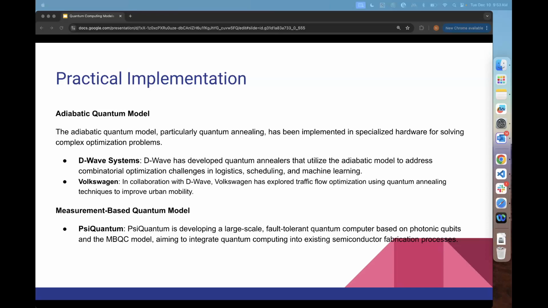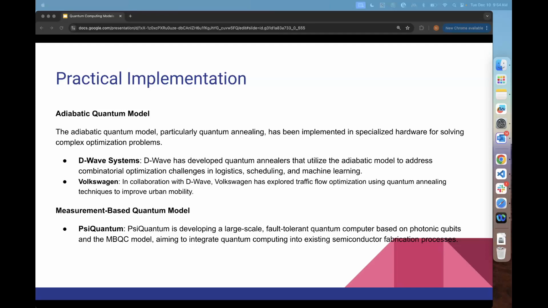And measurement-based quantum computing is mostly theoretical. There is one company called PsiQuantum, which is developing a large-scale fault-tolerant quantum computer based on photonic qubits.